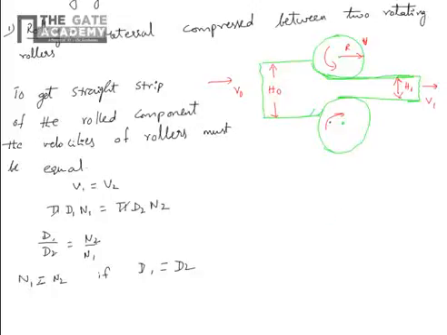So if we look at the diagram, same diagram, if you draw a line here, so this is O, A, B, C. A is the entry point. So this one is the entry point.